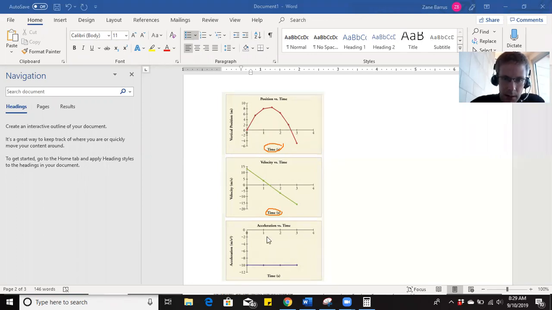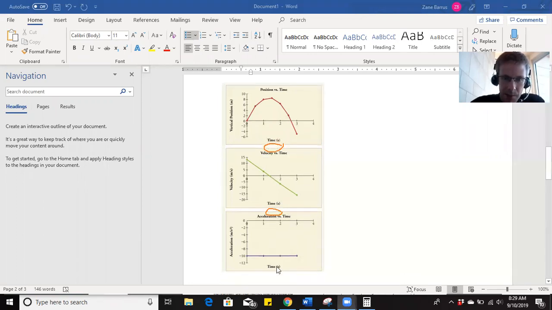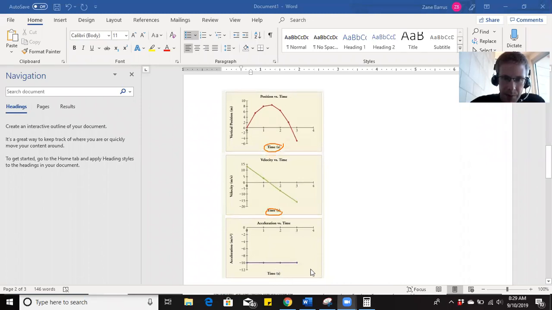You can see time down there. The y-axis for the first graph is position, for the second graph is velocity, and for the third graph is acceleration. So I want to talk to you about how these relate to each other. We already told you that velocity is basically how an object's position is changing over time.